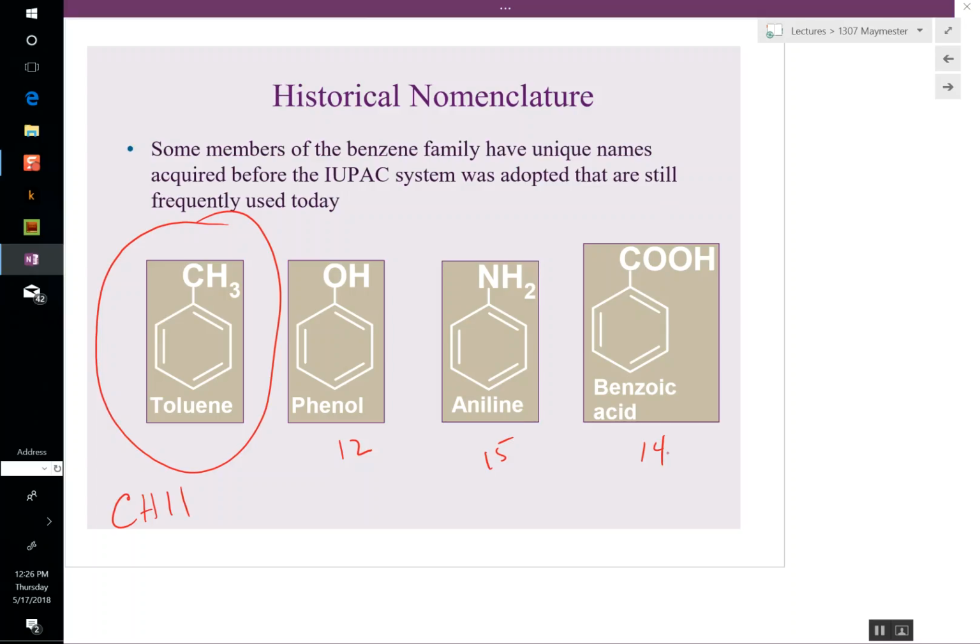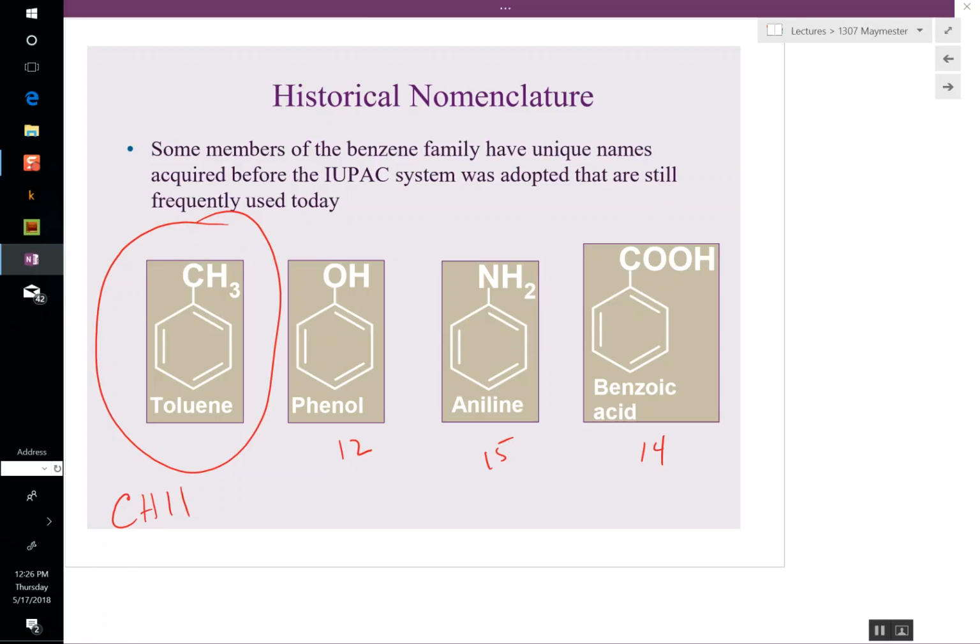You see benzene and toluene on this chart right here? If I gave you the name toluene, could you use your IUPAC rules to draw that molecule? You couldn't do that, could you? So you better draw that molecule on a 3x5 card and have the name on the other side of the card so that you go, oh, that's toluene. It's benzene with a methyl group on it.